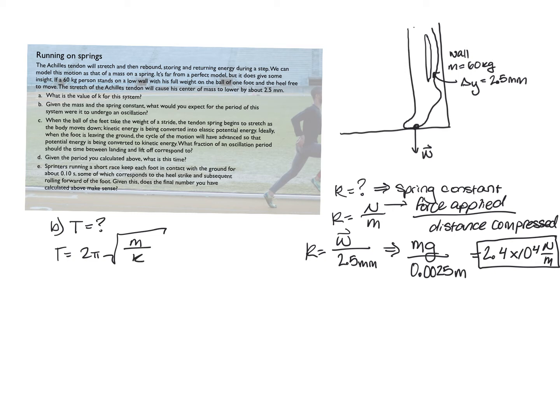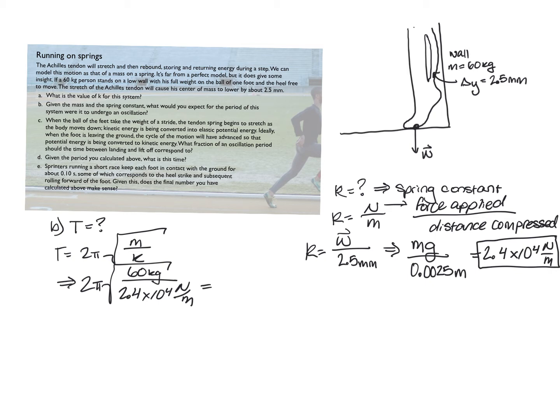And we can go ahead and do that calculation. So it's 2 pi times the square root of 60 kilograms over the spring constant, which is 2.4 times 10 to the 4th newtons per meter. I haven't done it before right now, so we'll do it together.